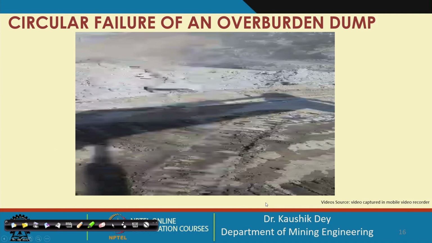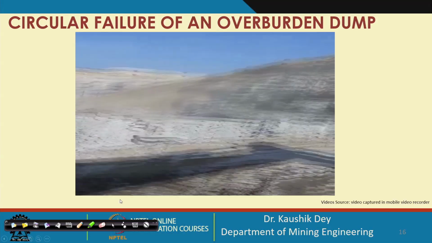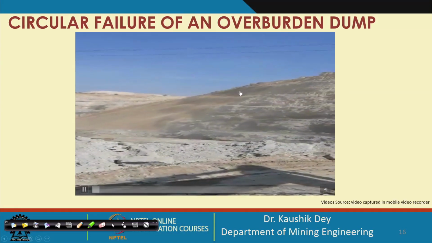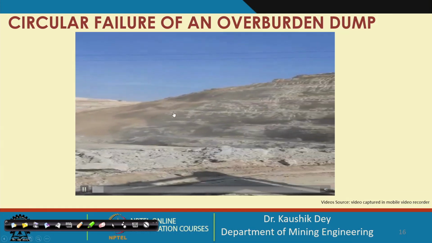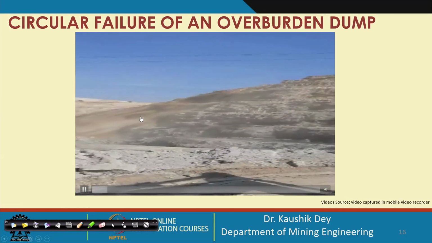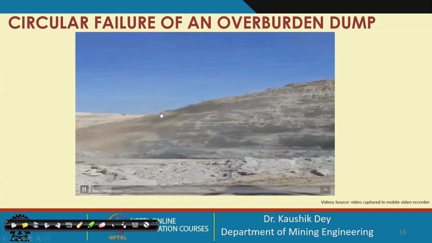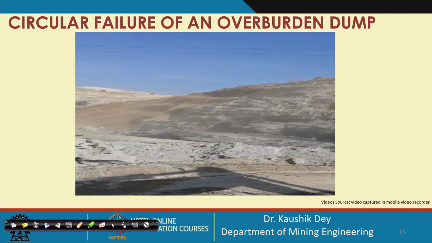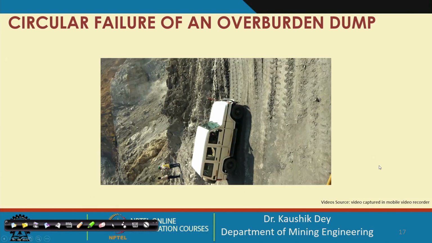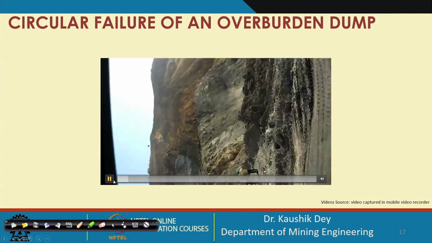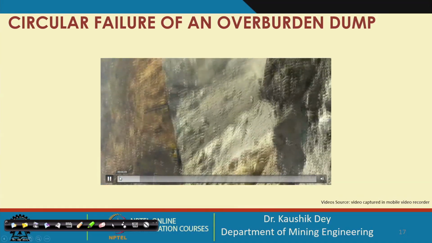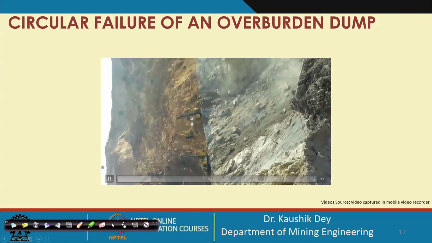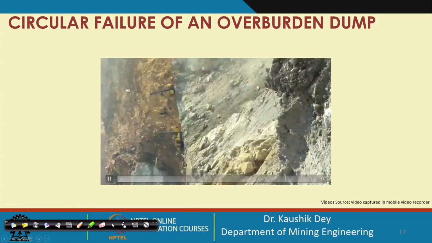Now, let us look into some circular failures of slopes. This can be seen, how the material is sliding down in a circular failure. This is a circular failure video of a mine. See, these are the two drill machines we have already told you about.